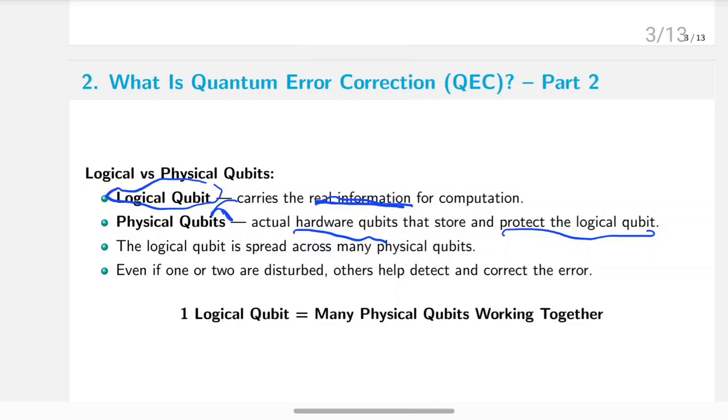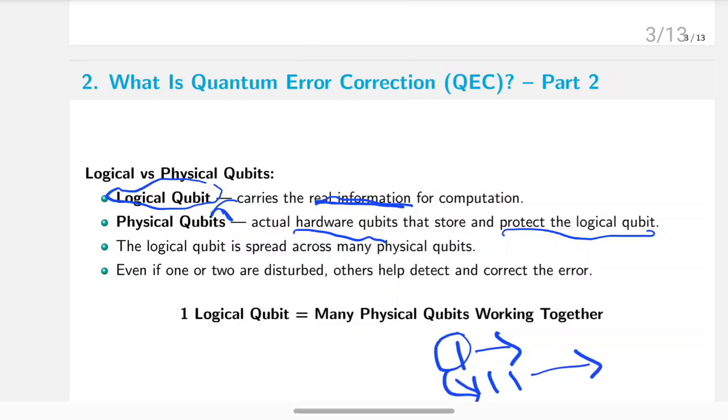We do not store information in one physical qubit because it is too fragile. Instead, we spread the logical qubit information across many physical qubits. Instead of taking one qubit for my operation, I take many qubits and store the information in all of them.